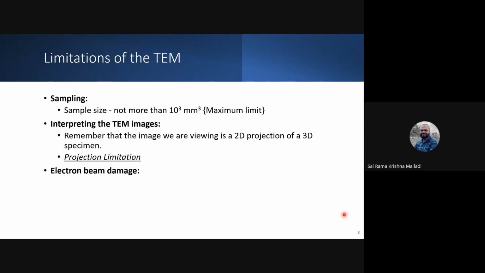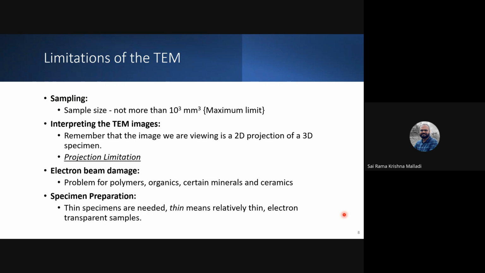And then there is something called electron beam damage. The momentum that can be transferred from a fast moving electron beam can damage a sample. This is often a very significant problem for biological or soft samples or graphene or carbon based materials. But for most inorganic samples, the specimens can be imaged directly in the TEM.